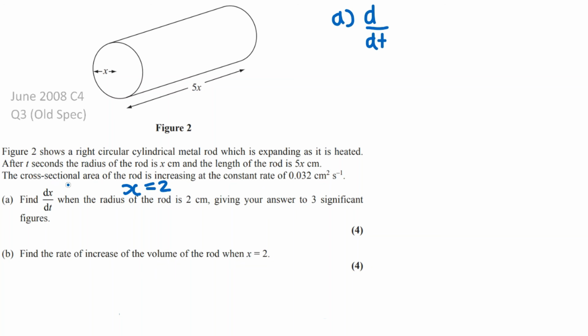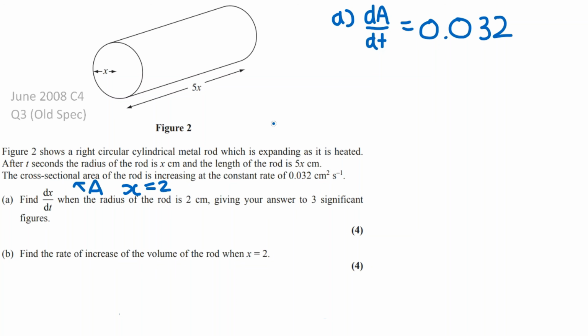The thing on top of the differential equation is the cross-sectional area, so let's call this A. So it's going to be dA over dt, and we're told it's increasing at a constant rate of 0.032, so dA over dt is equal to 0.032.